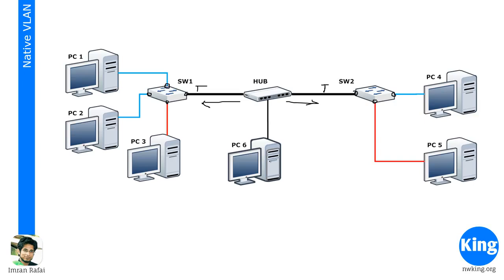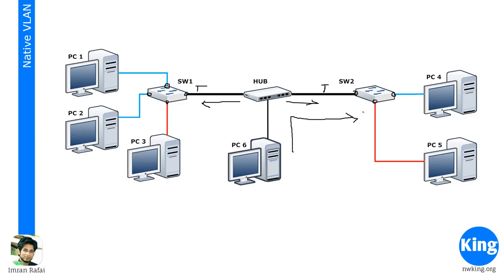It doesn't know anything about VLANs. Now, like we said, when any traffic comes from here, it's tagged with a VLAN, and it comes to the PC. The PC doesn't understand anything about VLANs, so it just drops it. But what happens when this PC6 wants to communicate with, let's say, PC4, right? So this PC sends traffic, and it comes to the switch.